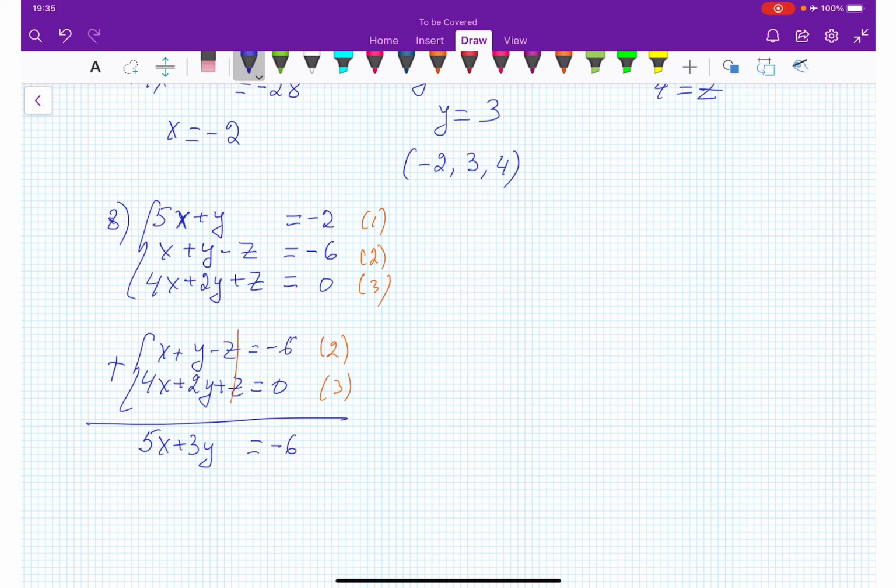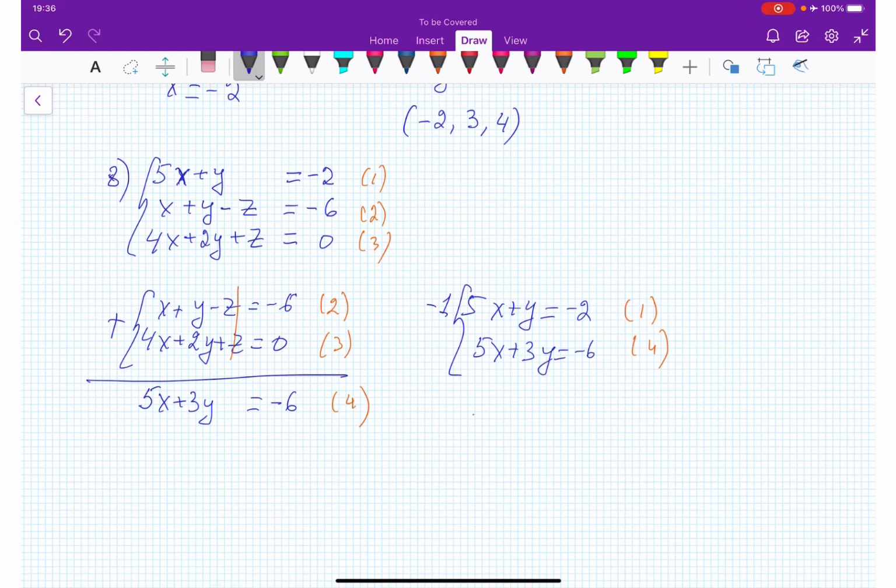All right, let's combine. 5x plus y equal negative 2. This is number 1. And 5x plus 3y is equal negative 6. And this is number 4. Okay, so I multiply this by negative 1.